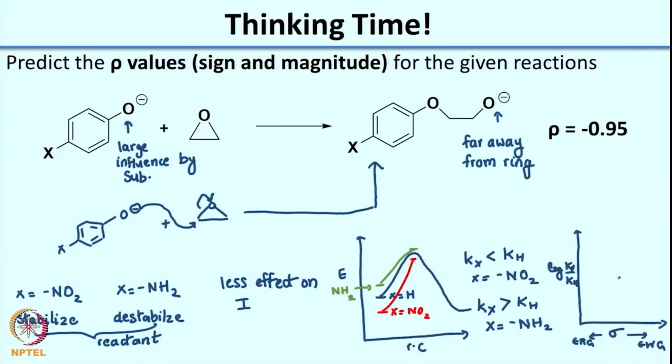So if this is your 0 point with hydrogen, you would have a negative slope. But in this case the magnitude is close to 1. So the effect is similar to what you see for benzoic acid, slightly lesser than that.